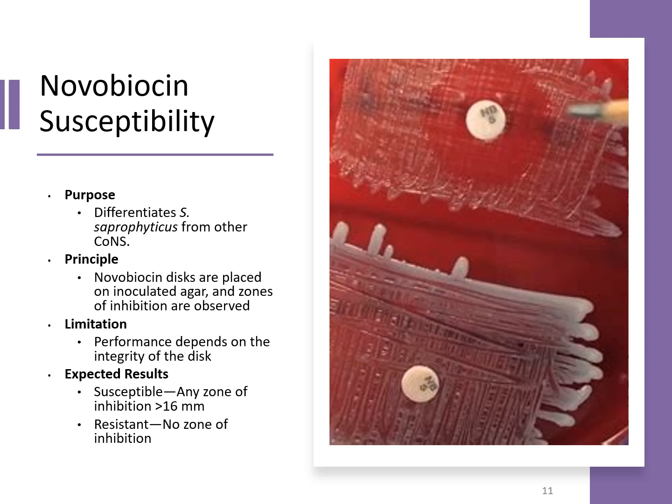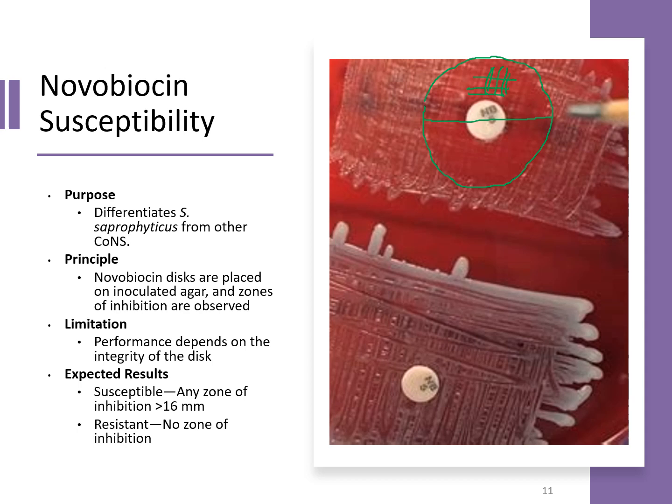Novobiocin is done the same way. You have that disc, that NB, that is impregnated with that organism. If there's no growth or a zone of inhibition greater than 16 millimeters, so from one side to the next of that growth pattern. And these little marks here are just the culture streaks.